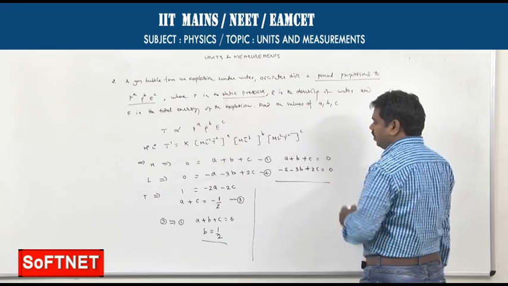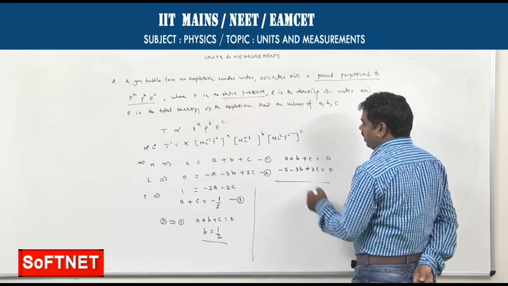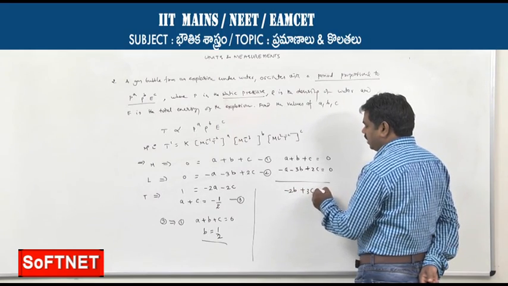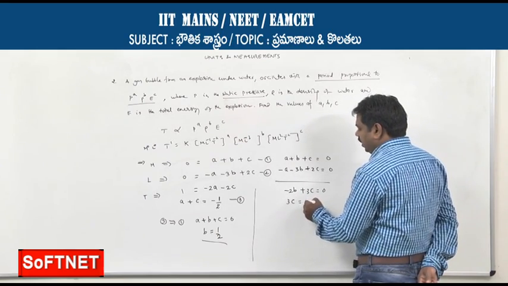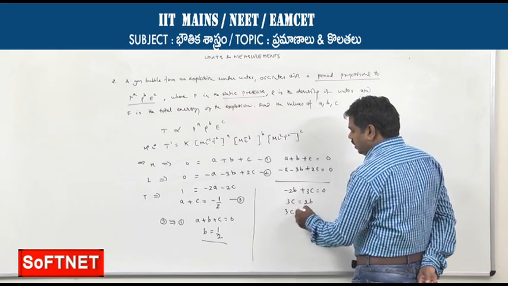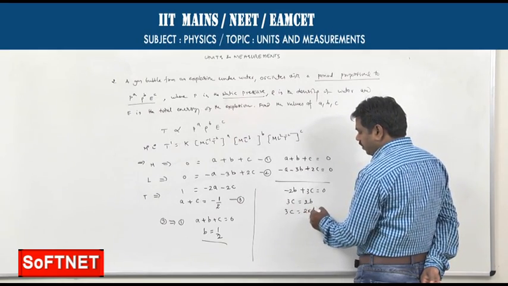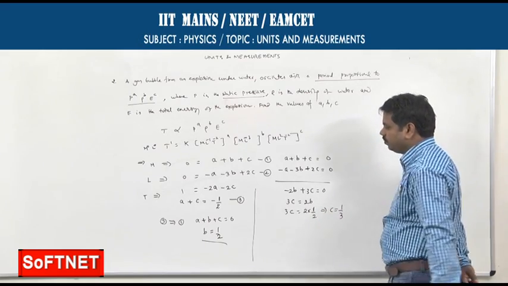Now adding these two equations, a gets cancelled, we get minus 2b plus 3c is equal to 0, that is 3c is equal to 2b. With b equal to 1 by 2, 2 into 1 by 2 gives c is equal to 1 by 3.